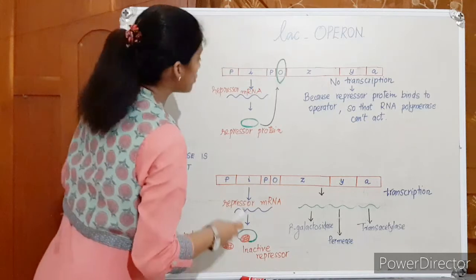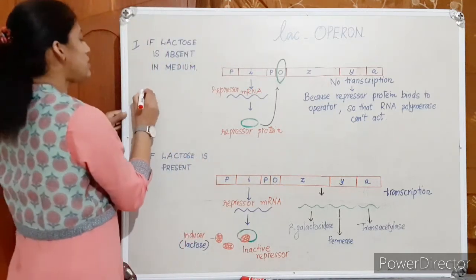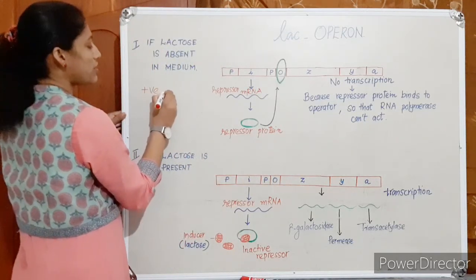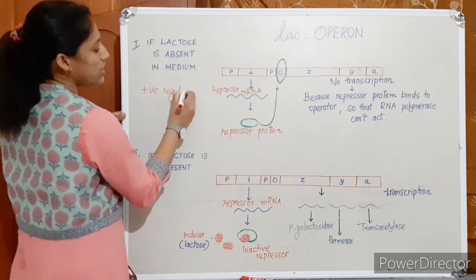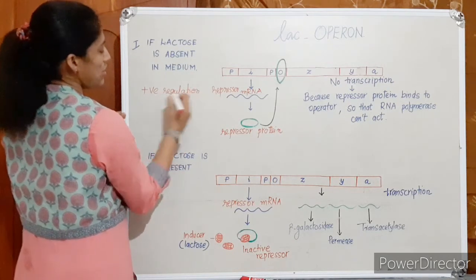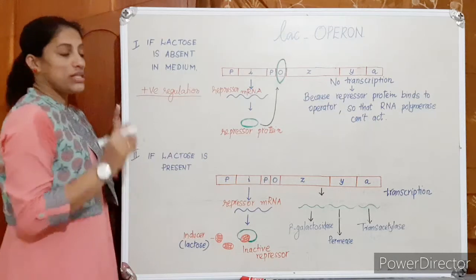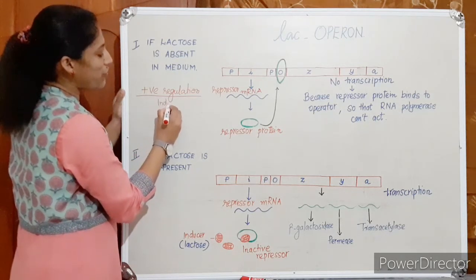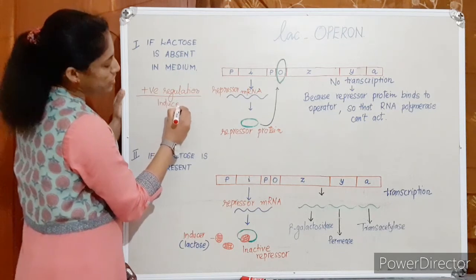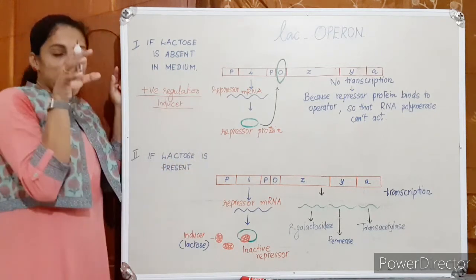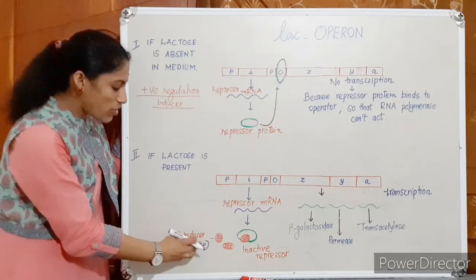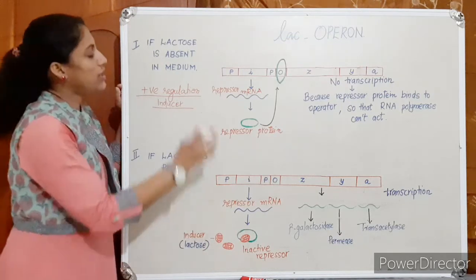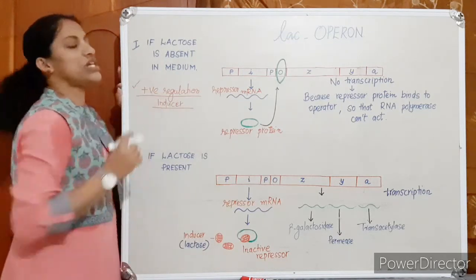Then one more thing. There are two more terms to study from this. One is positive regulation. See, this lac operon is said to be under positive regulation when it is controlled by the inducer molecule. In connection with the inducer molecule, the lac operon is showing positive regulation.